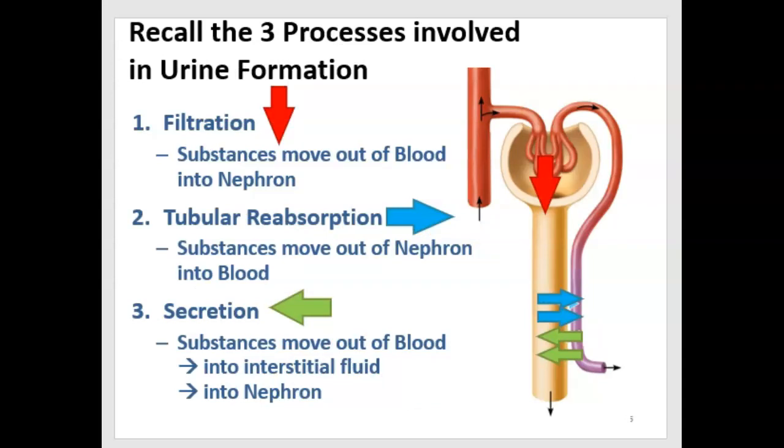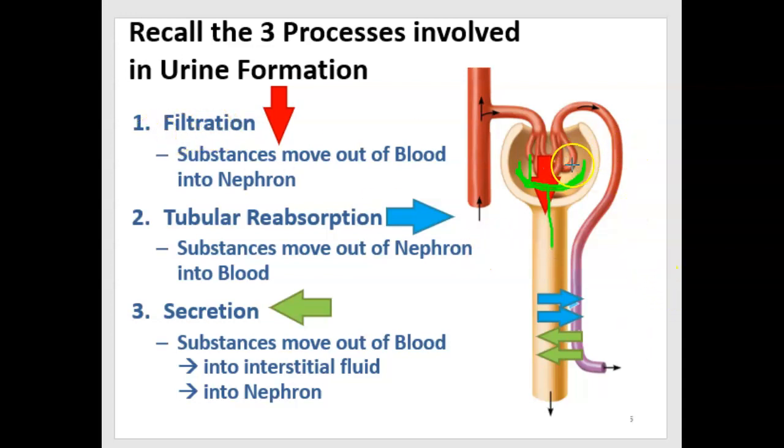So your study question says, recall and state the three main processes involved in urine formation: filtration, reabsorption, and secretion. During filtration, substances are going to move out of the blood, out of the glomerular capillaries, and into this capsular space right here. It will, of course, move into the proximal convoluted tubule as well.